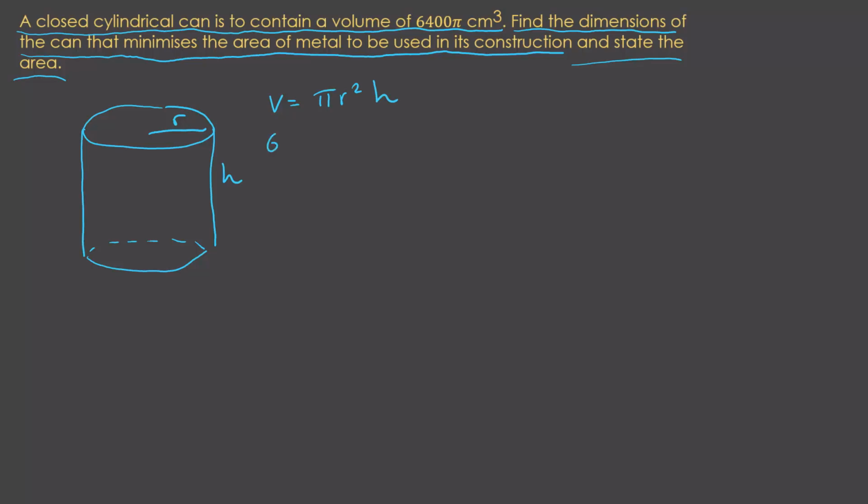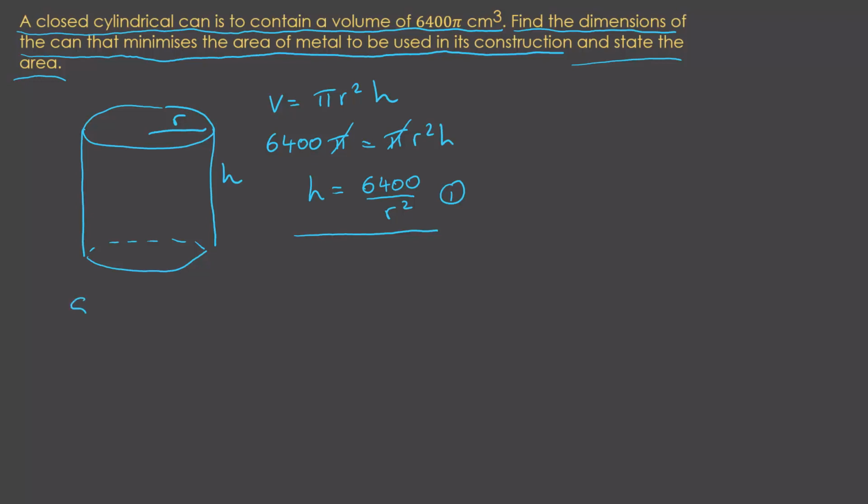We're told that that is 6,400 pi, and therefore pi's cancel, and we end up with h equals 6,400 over r squared, and I'm going to call that equation 1. I think we're going to need to use that information, possibly in that form. We might need to rearrange again.